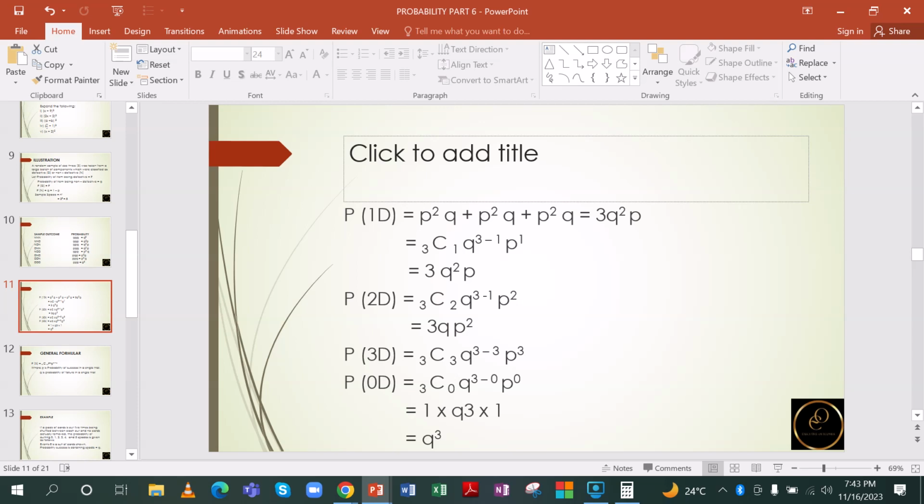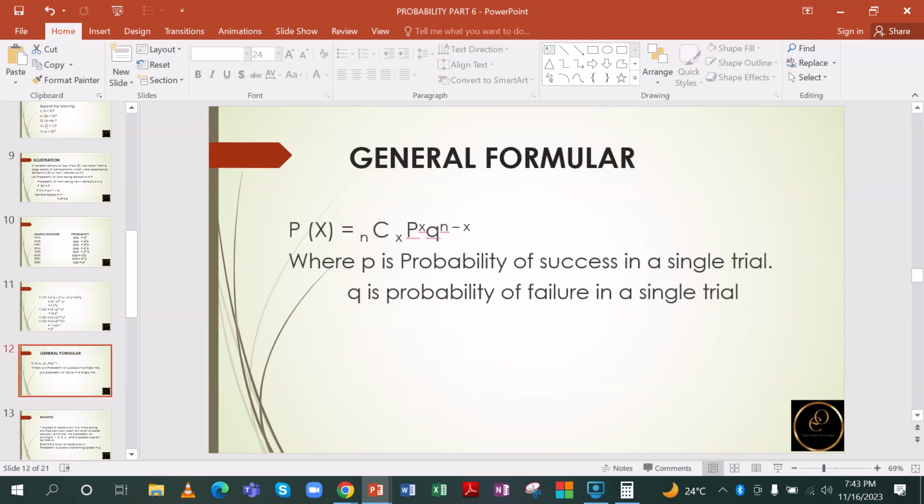So this is how the binomial distribution probability is worked out. From this generality, we have a formula which helps us to determine the binomial probability, the general formula, which can be summed up as follows.